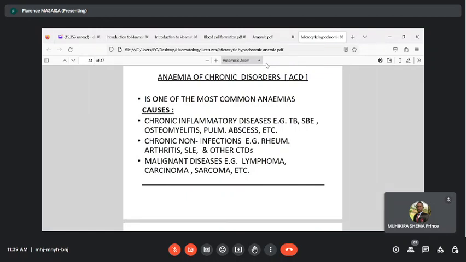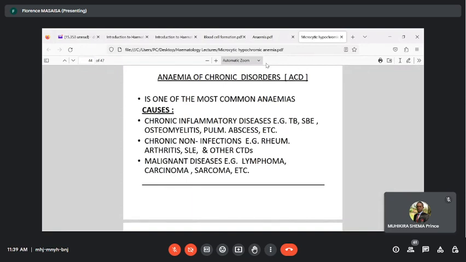So when there is an increase of hepcidin in response to inflammation, the hepcidin will block the effect of ferroportin. So there will be a tendency for iron to stay in the storage organs. So by this, you check the ferritin and it will be increased, but the iron in the bloodstream will be decreased because there is a tendency of iron to stay in the storage organs.